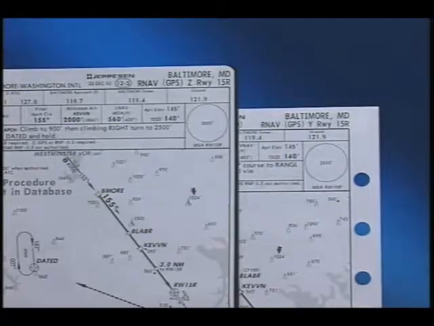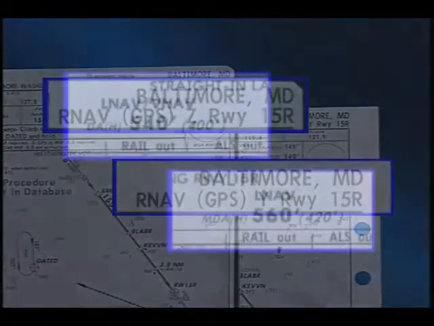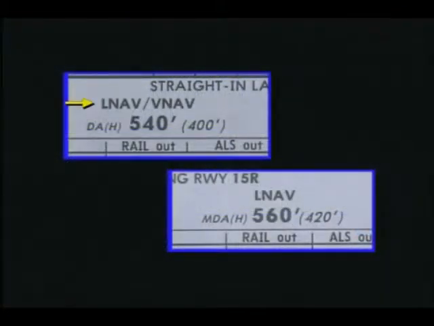Also, when multiple RNAV approaches to the same airport runway exist, the procedure name includes a letter code beginning with the end of the alphabet. The Baltimore-Washington International Airport has the RNAV GPS Zulu runway 15 right and the RNAV GPS Yankee runway 15 right approaches. One of the approaches contains LNAV/VNAV, lateral and vertical navigation minimums, while the other approach includes LNAV, lateral navigation minimums only.